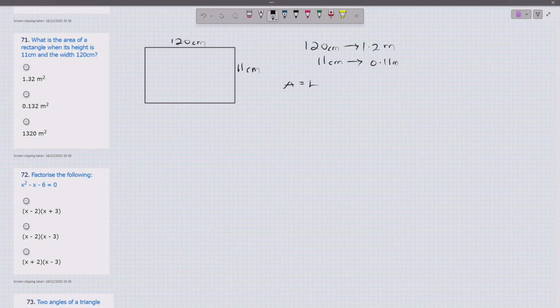Area equals length times width. That will be 1.2 times 0.11, all in meters squared. It's going to give you 0.132 meters squared.